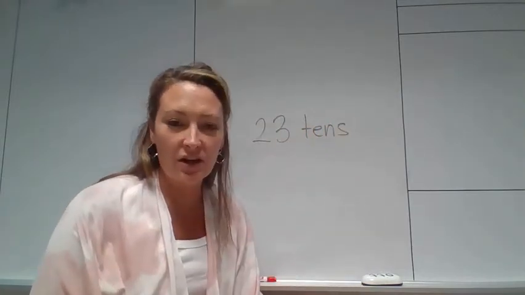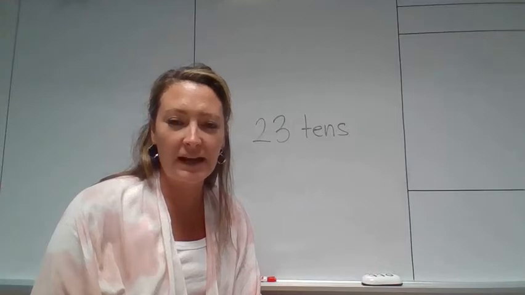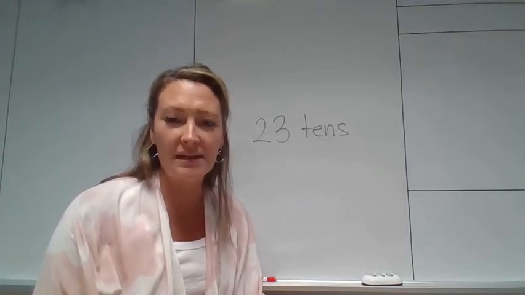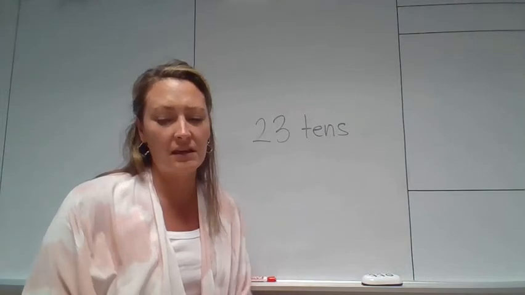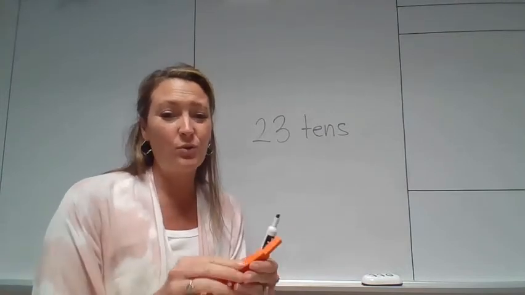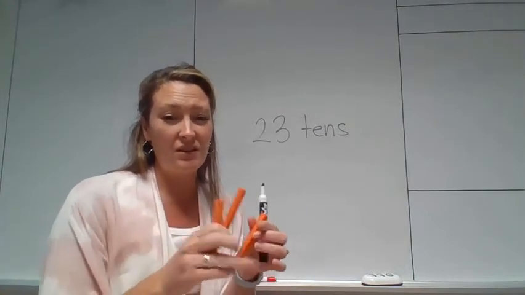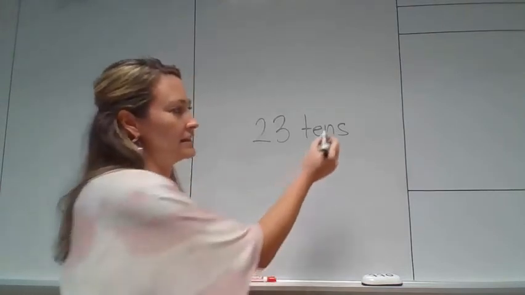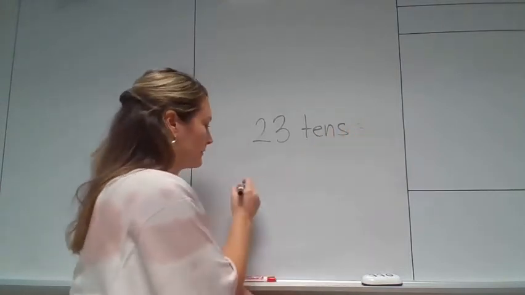Now let's try 23 tens. So let's start by thinking about if I wanted to write this as hundreds and tens, how many hundreds and how many tens would this be? Because I'm not going to have 23 of these tens, so how can we switch that around?